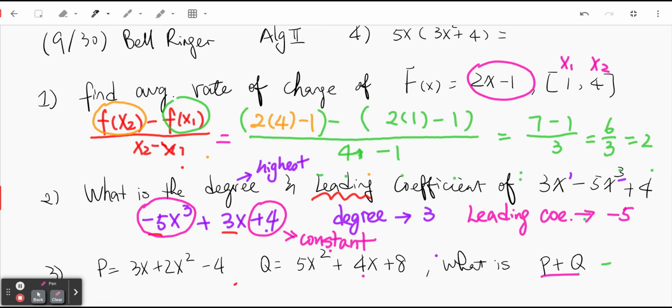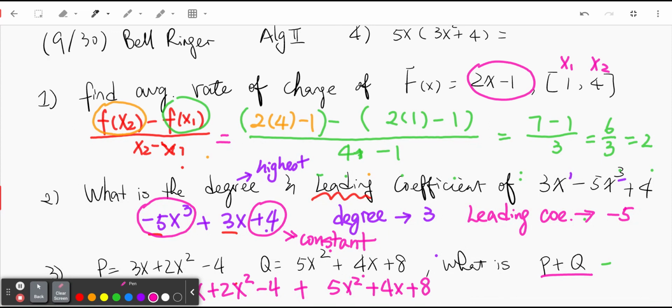P plus Q. P is 3x plus 2x squared minus 4. And that's right, combining like terms. And plus Q. Q is 5x squared plus 4x plus 8. Then you can underline the like terms.